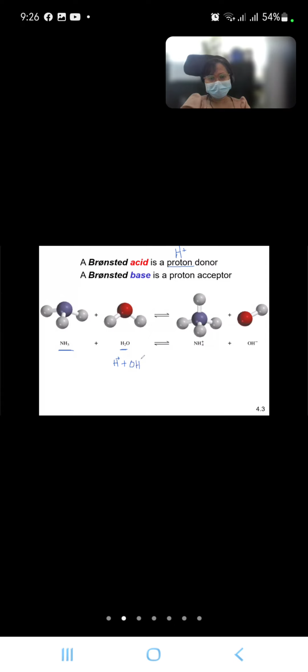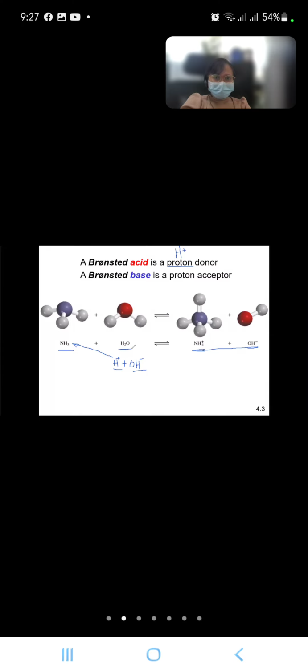So this hydrogen ion will bond to ammonia. Okay, it will bond to ammonia, forming ammonium. So what is left is the OH. So here the products are ammonium ion and hydroxide ion. So who gave the hydrogen? Who gave the hydrogen?